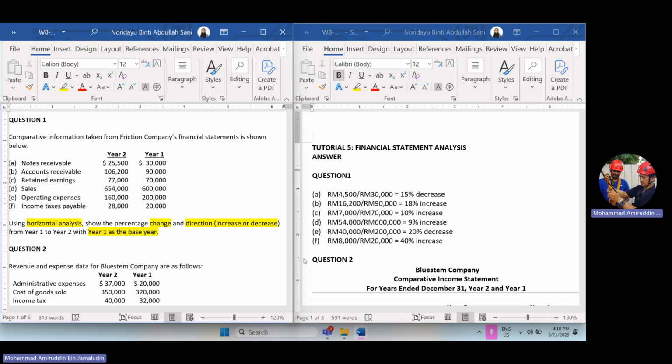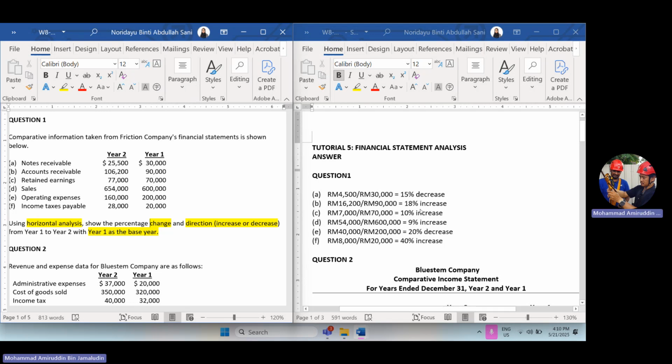Normally we compare last year and this year, right? And then provided that year 1 as the base year. So question already allocated. And normally in financial statement analysis, we always compare last year and this year. So we want to see the growth and the expansion from last year data, right?